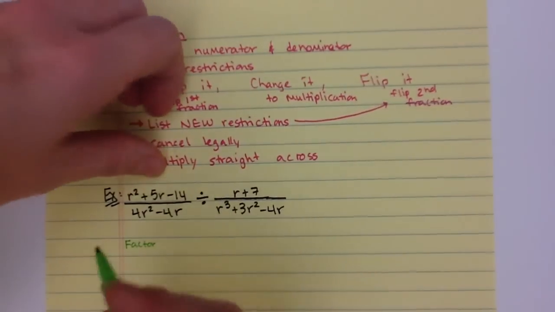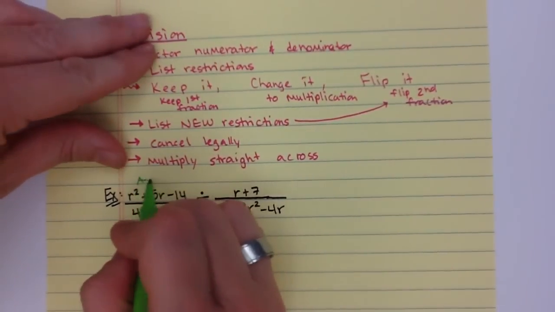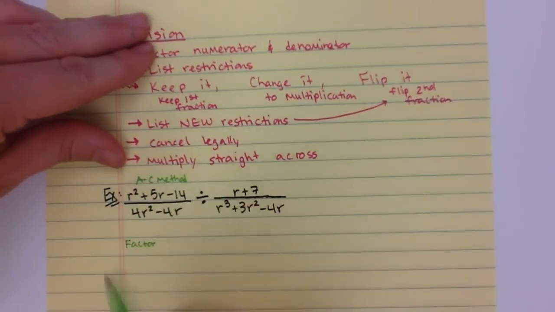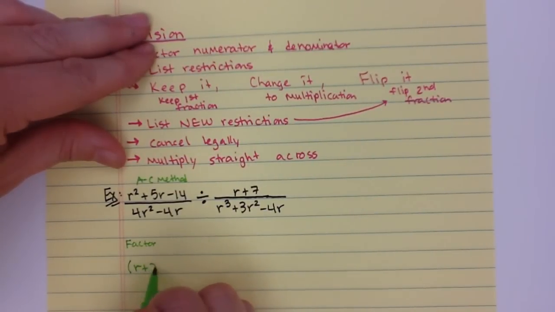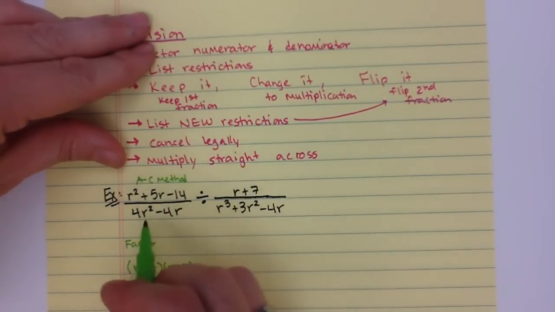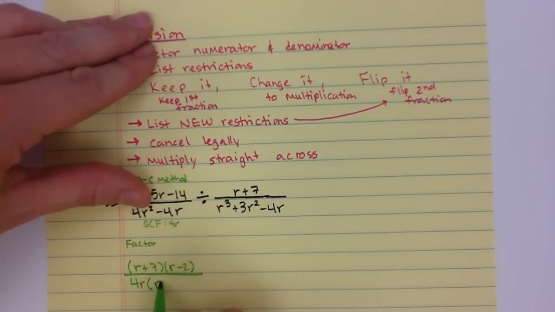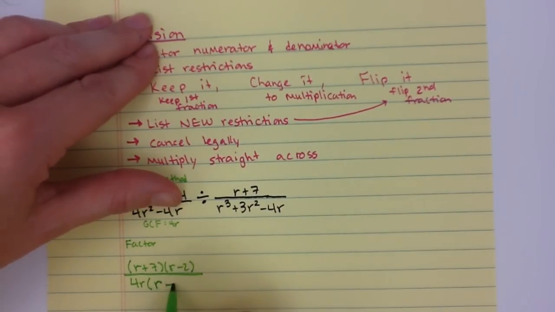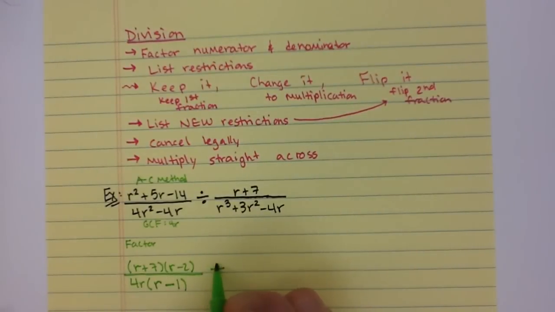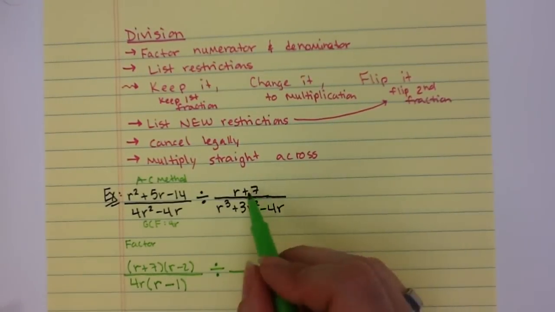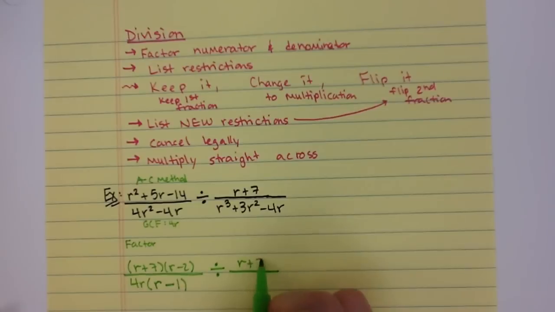R squared plus 5r minus 14 is going to use the AC method. So just to save time, I'll go ahead and factor it for us. That is r plus 7, r minus 2. The bottom left is going to have a GCF of 4r, so it will be over 4r times, divide out 4r leaves me r, negative 4r divided by 4r leaves me minus 1. Then divided by r plus 7, which is already simplified, so it stays r plus 7.